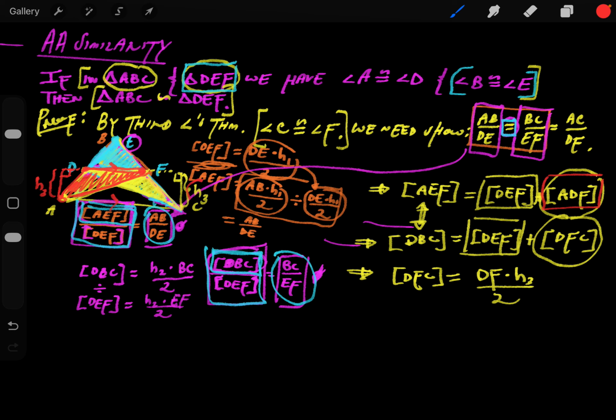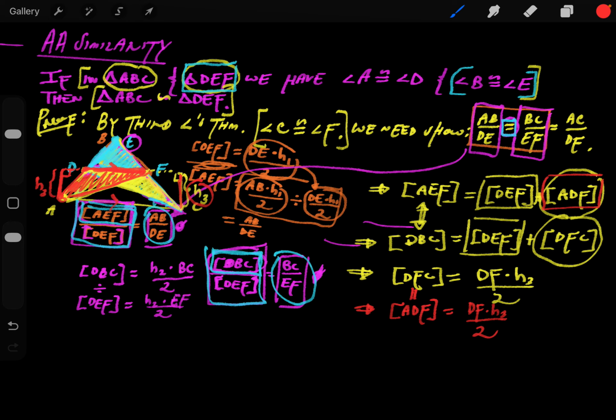So the only thing that's tricky is seeing that this length is the same as this one, and they're both H3. And they share that base DF. So I have ADF is equal to DF times H3 over 2. And it's clear that then these two things are equal.